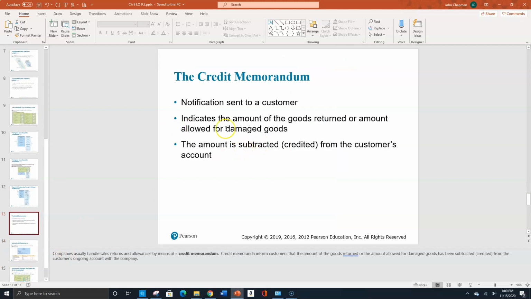Okay, the credit memo is a notification sent to a customer that indicates the amount of goods returned or the amount allowed for damaged goods. The amount is subtracted, credited, from a customer's account.